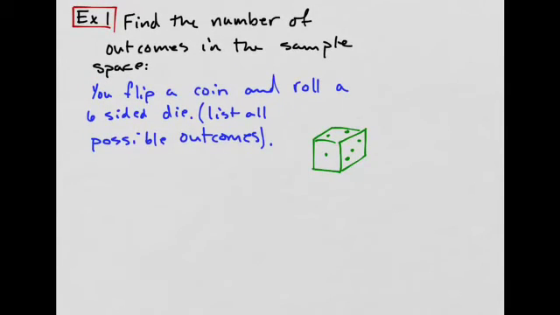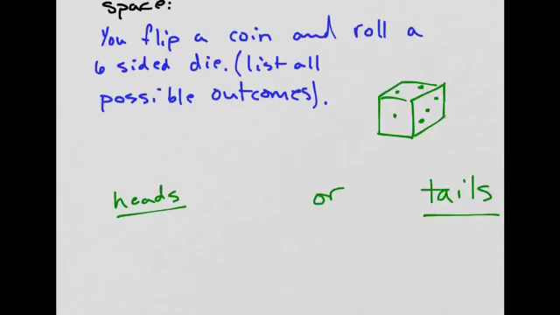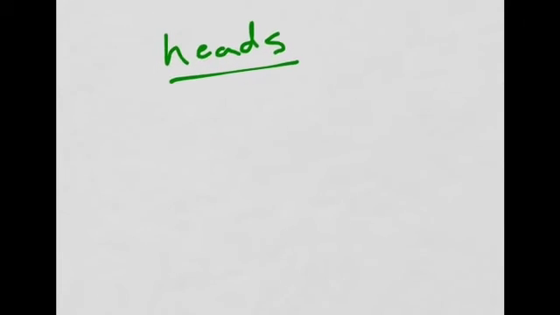So the first thing that I'm thinking of is, well, I can land a heads or a tails. But remember, I'm flipping a coin and rolling the six-sided die. So it's not just heads, tails, that's two outcomes. No, because I also have to roll the die. If I'm rolling the die, it could land on a 1, or 2, or 3, or 4, or 5, or 6. So let's just consider the case where we're landing on heads.